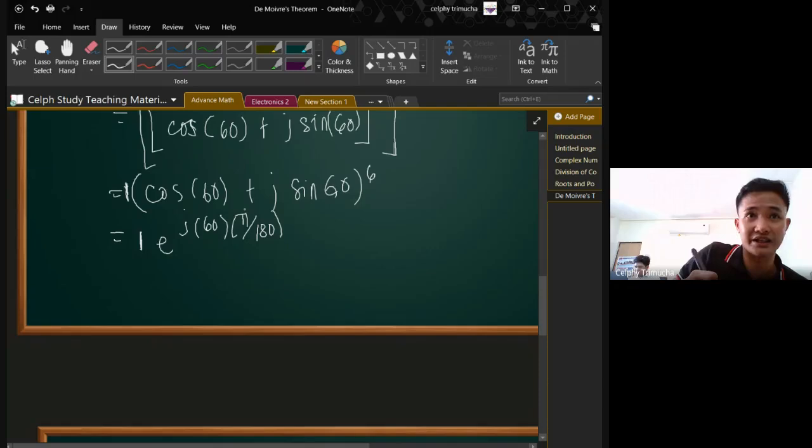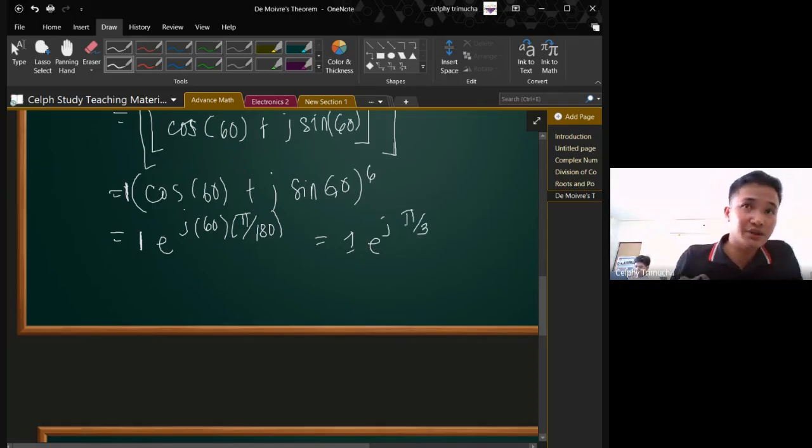So this will be equal to 1 times e raised to j times pi all over 3. That is our exponential form.